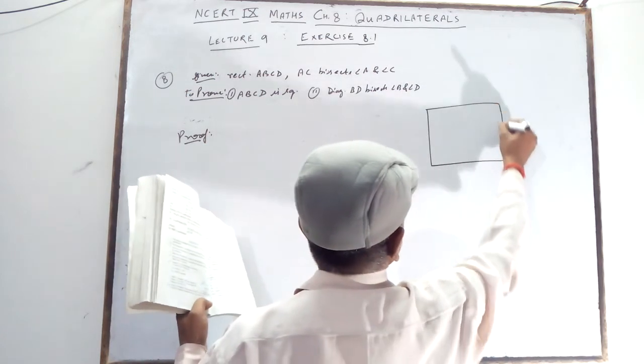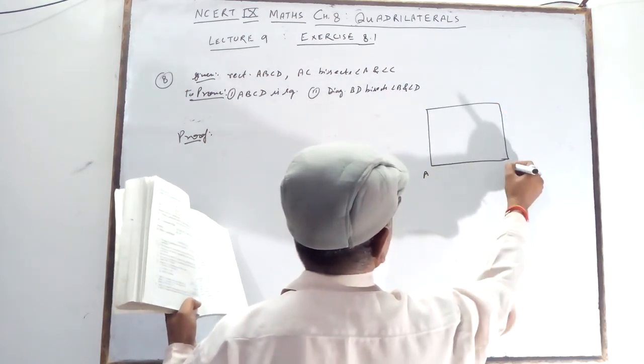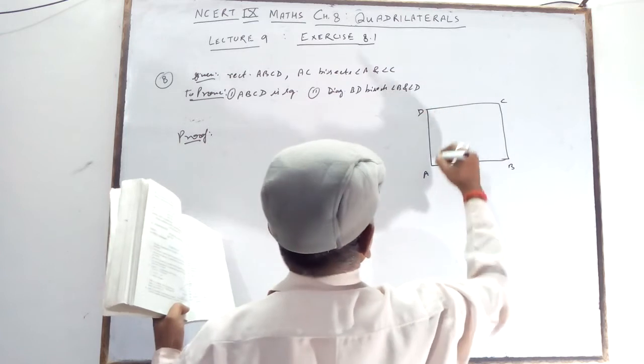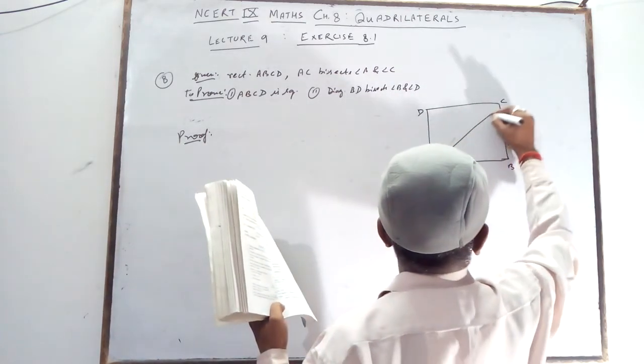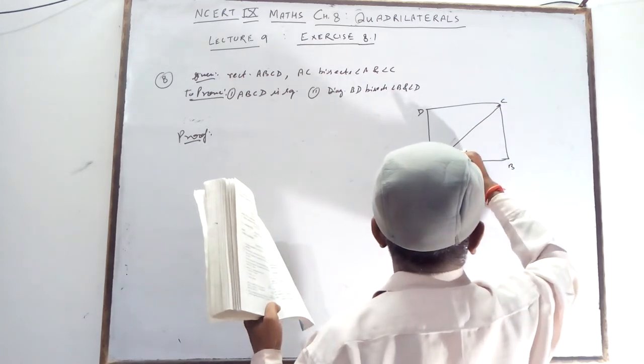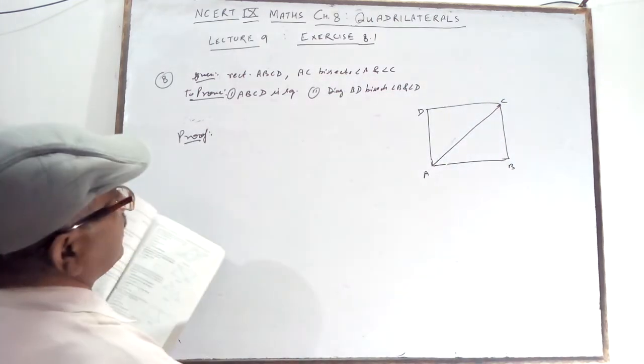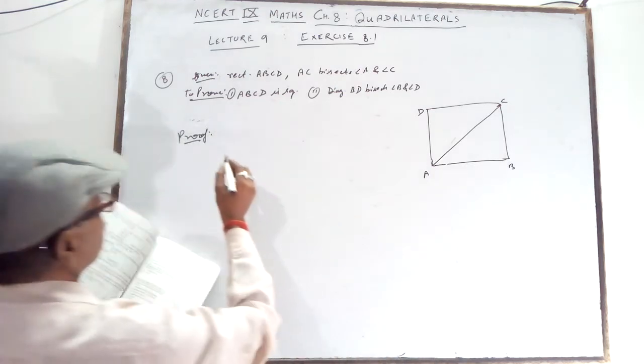But don't write it is a square in the beginning. ABCD, AC bisects angle A and C.